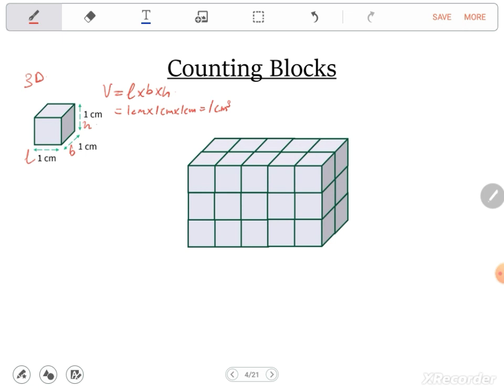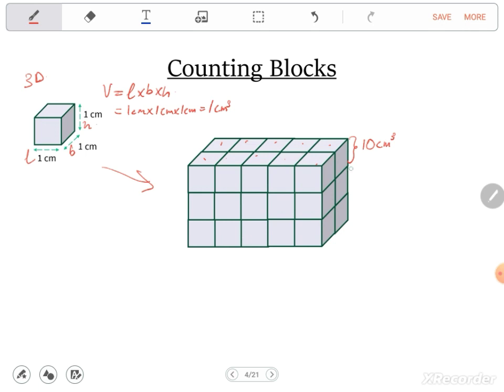Now, if we can say that, it means then we can also look into this bigger one and say, right, if one block occupies 1 cubic centimeter of space, then how many does 1, 2, 3, 4, 5, 6, 7, 8, 9, 10 blocks cover? So there's 10 of these cubes, right? So it means they will be covered by 10 cubic centimeters, or centimeters cubed, all right? So there is 10 of them.